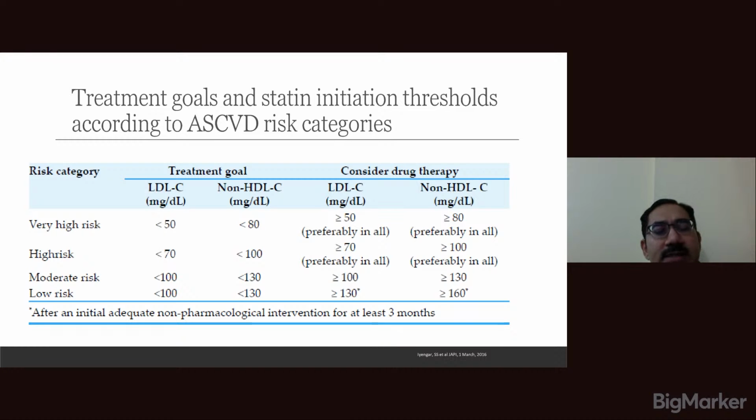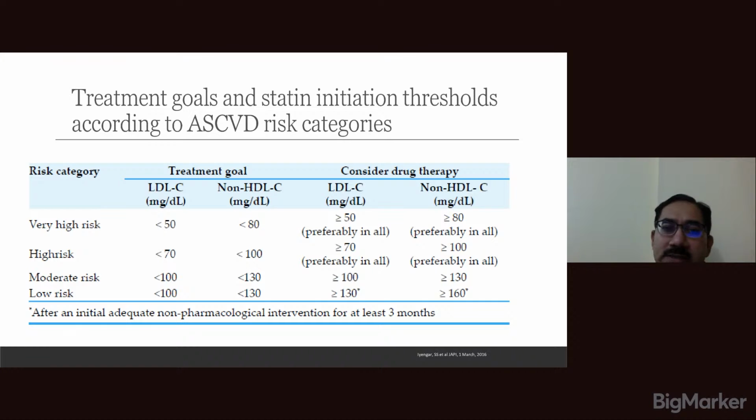For a moderate risk patient, the goals are to keep LDL less than 100 and non-HDL cholesterol less than 130. And for a low risk patient, to keep LDL less than 100 and non-HDL cholesterol less than 130. This is only after initial adequate non-pharmacological intervention for at least 3 months.